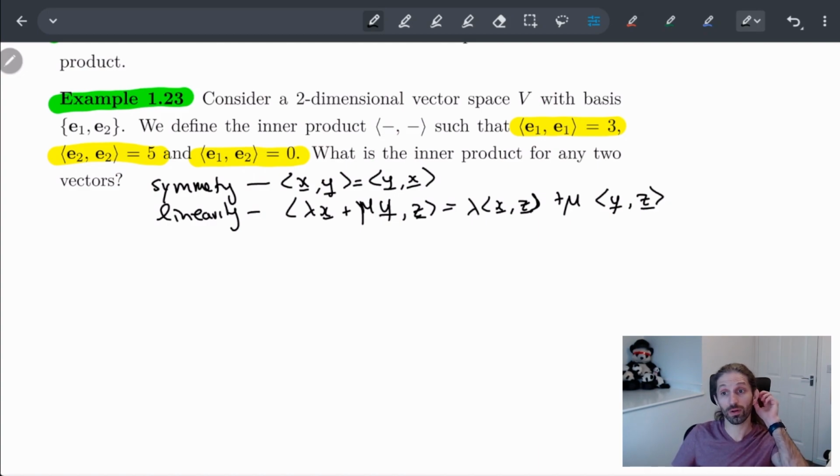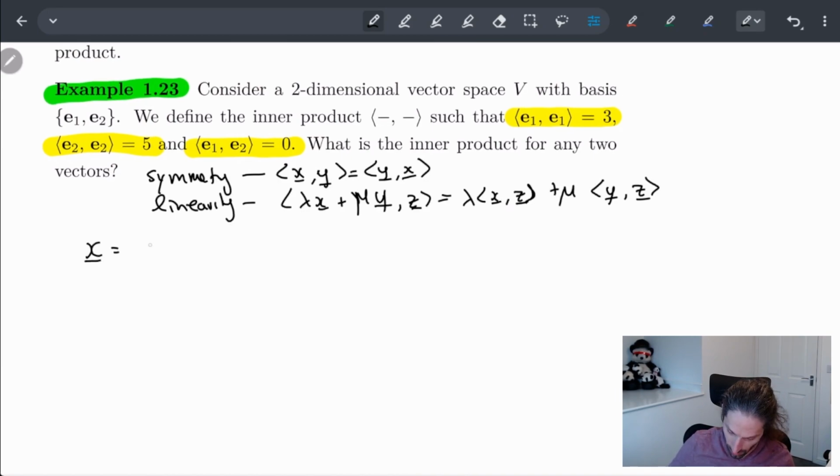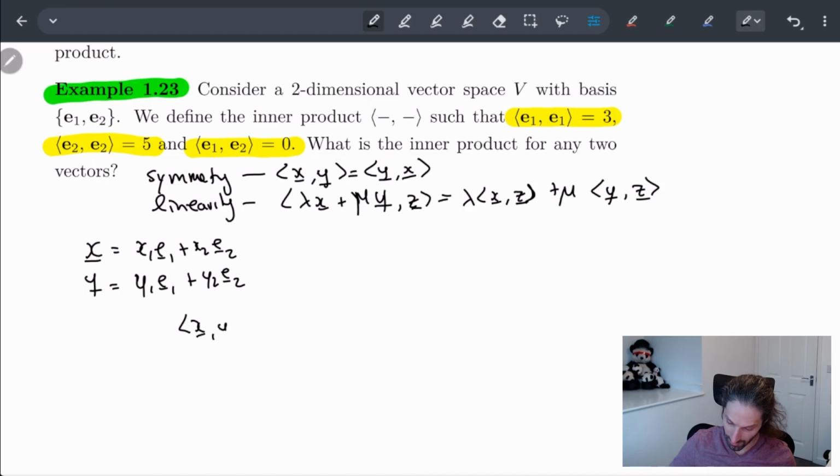Okay, so we're going to start off with two arbitrary vectors. We're going to say x is equal to x1 e1 plus x2 e2, because we're told e1, e2 is our basis. And we'll let y equal y1 e1 plus y2 e2. So let's figure out the inner product <x, y>. We plug in our numbers: <x1 e1 + x2 e2, y1 e1 + y2 e2>.